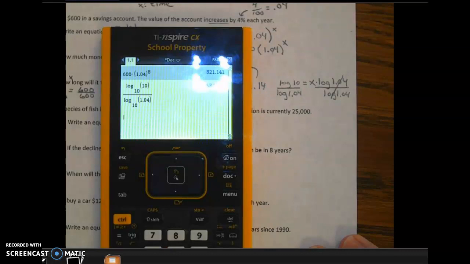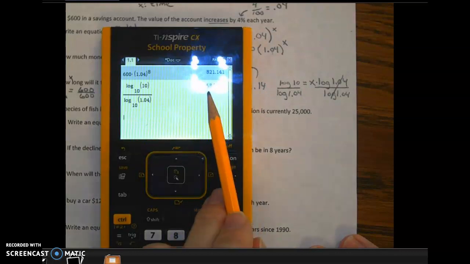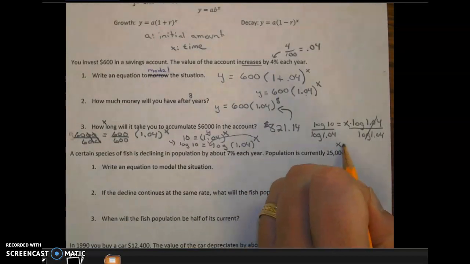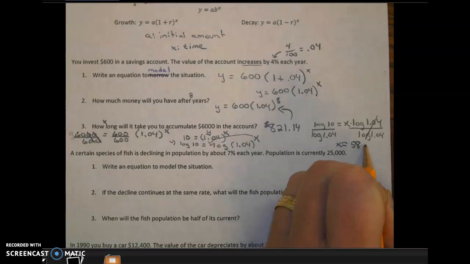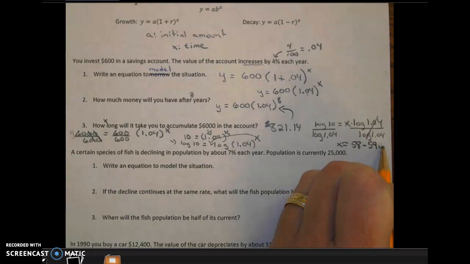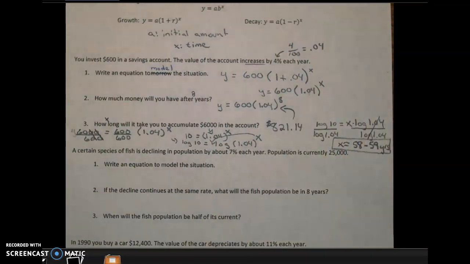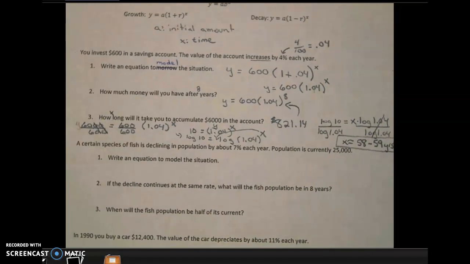So it's going to take approximately 58 to 59 years for us to get that much money in the account. It's going to take a while.